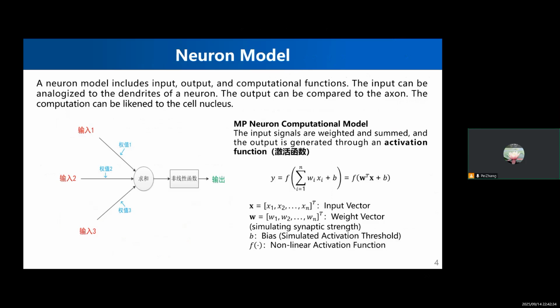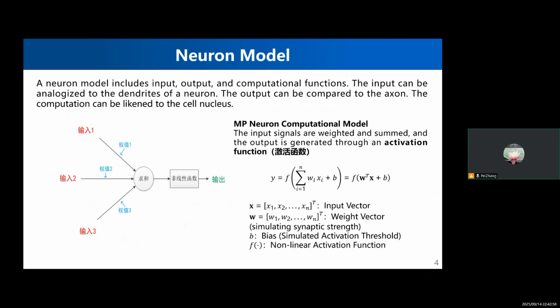A neuron model includes input, output, and computational functions. The input can be analogized to the dendrites of a neuron. The output can be compared to the axon. The computation can be linked to the cell nucleus.